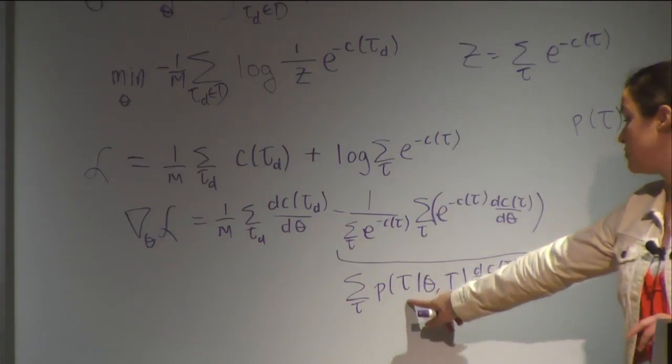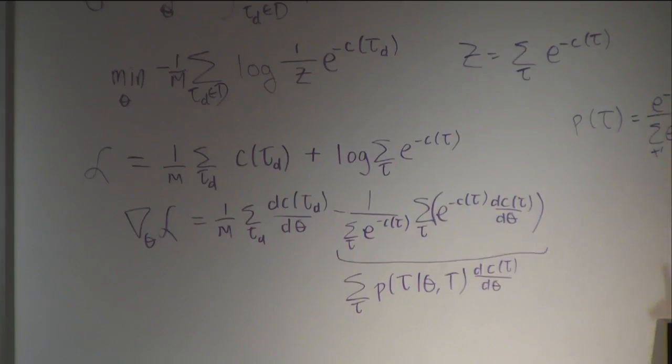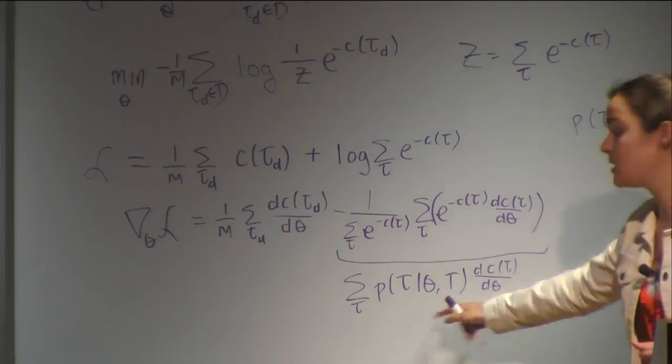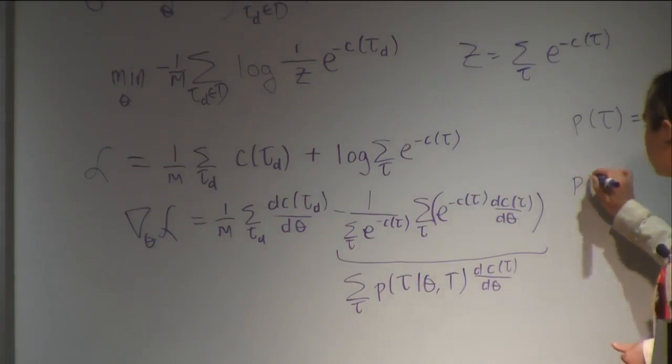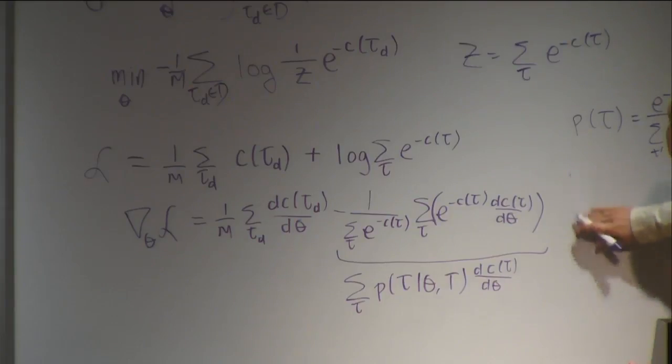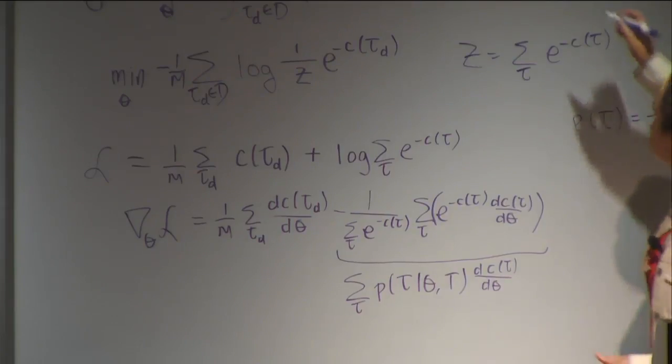The probability of a trajectory is a function of theta because that's what determines our policy that we're acting under. And the transition dynamics matter because they affect our distribution of the next state given our current state and action.